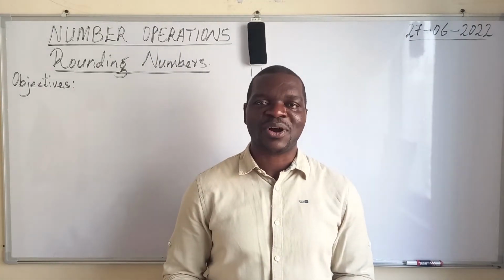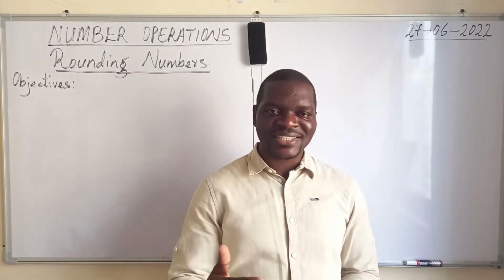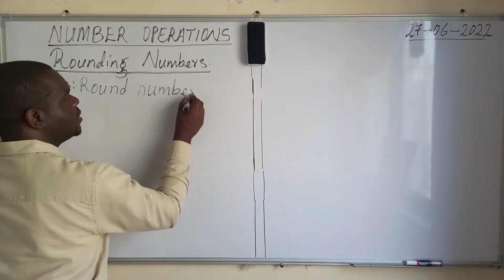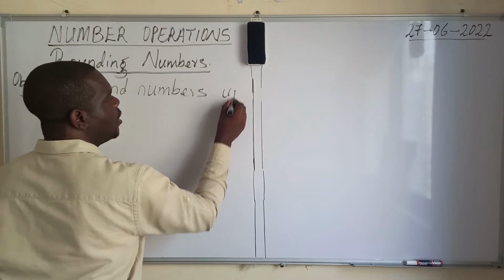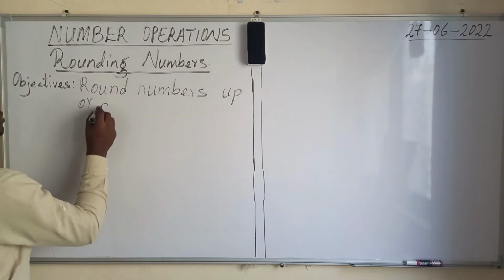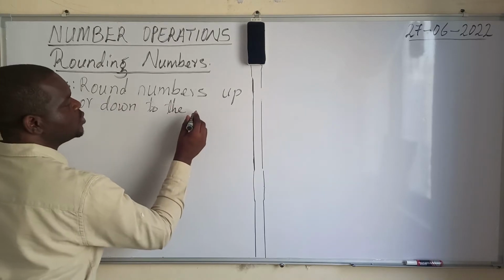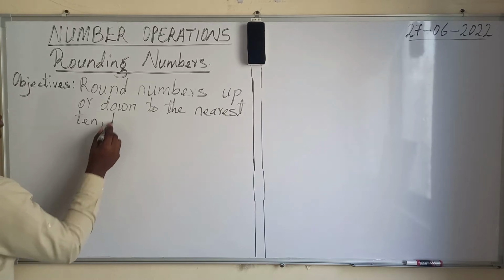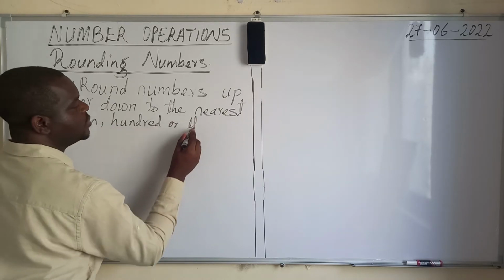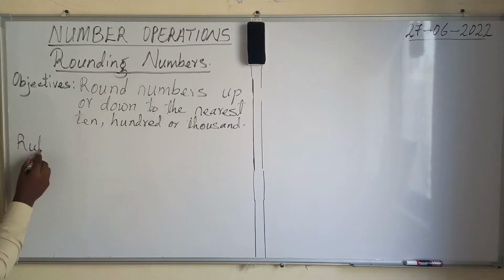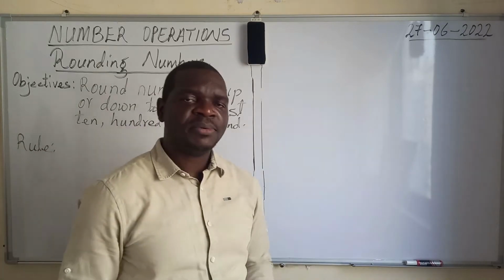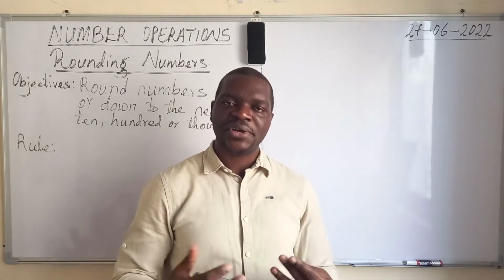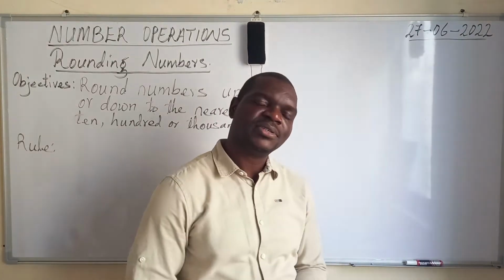Round numbers up or down to the nearest 10, 100, or 1000.